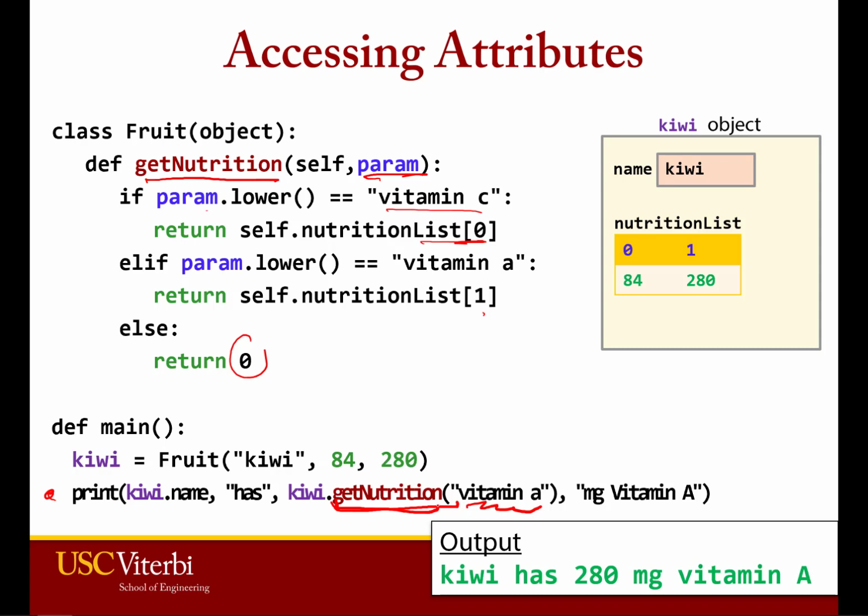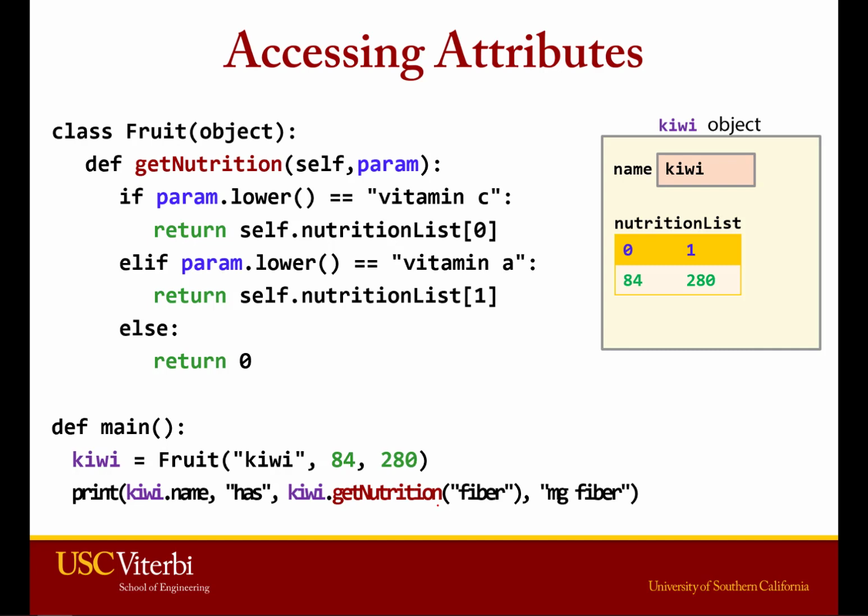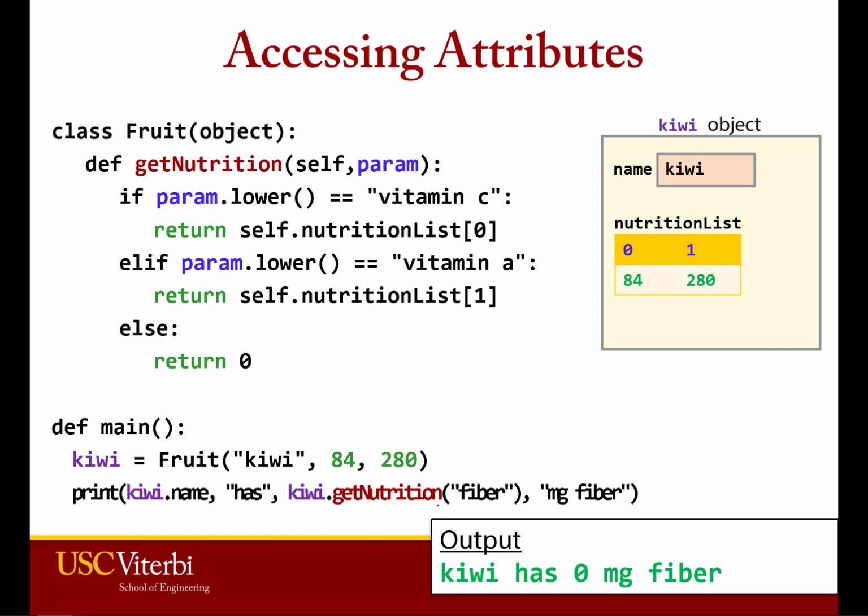Sometimes we would say in other programming classes, as you learn more, we've abstracted away some of the complexity by encapsulating the class and all its details in a more clever way. If we keep going, now we can ask for fiber. Well, there's no fiber, so instead of crashing, it says 0 milligrams of fiber. We could even take this one step further.